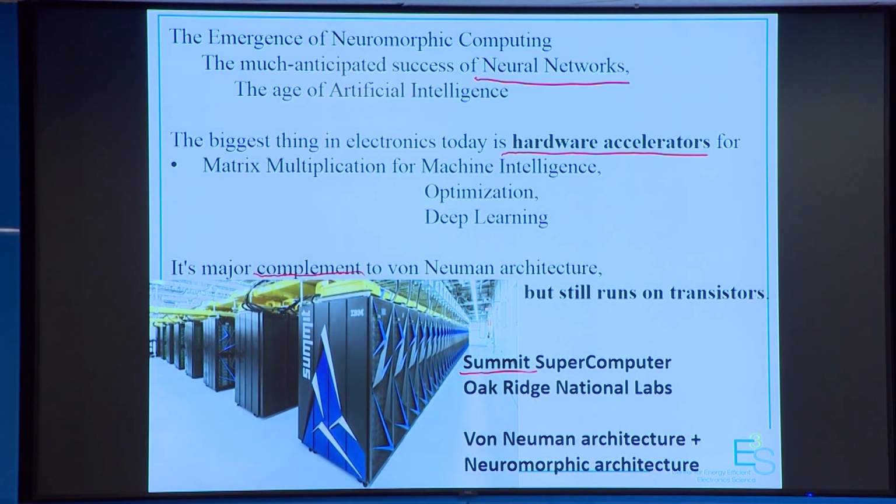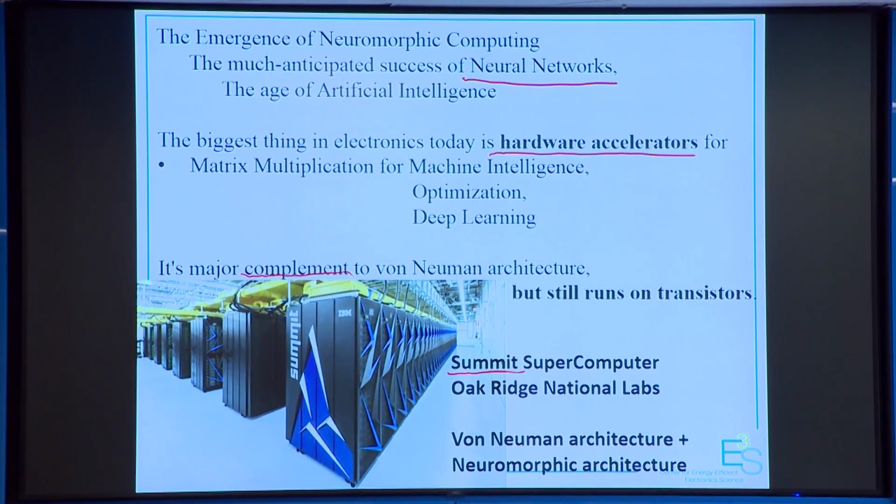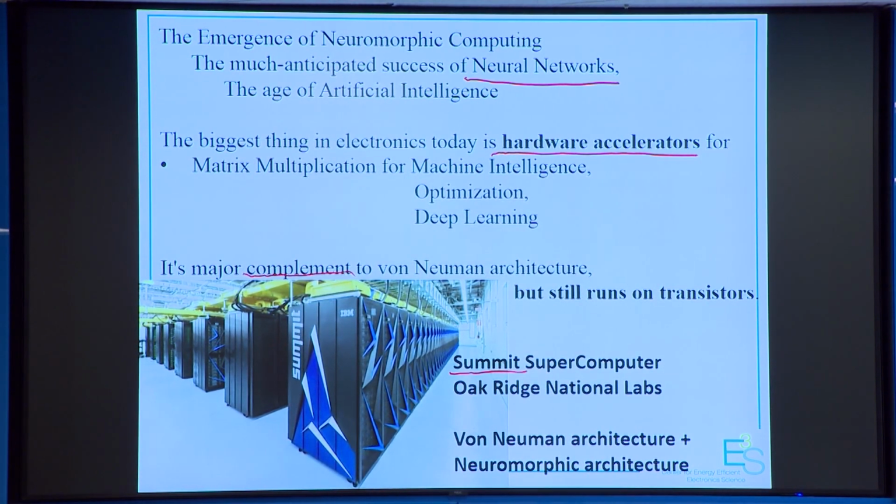So all future supercomputers are going to be half normal supercomputer and half neuromorphic architecture, which is basically running some algorithms that require a heavy dose of linear algebra.